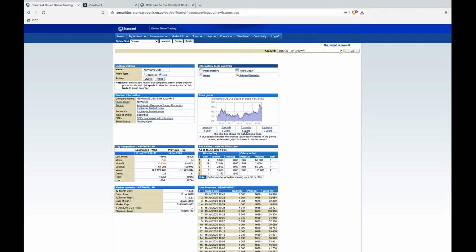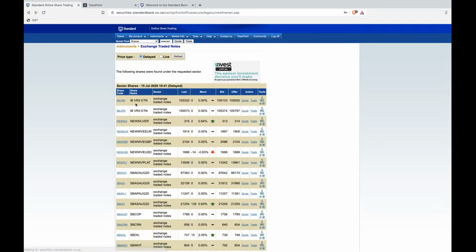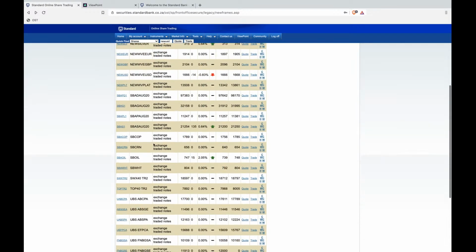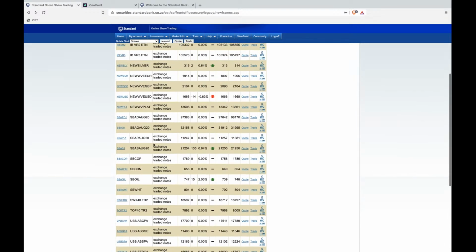The other important point with ETNs are those expiry dates. Now, in this case, expiry is 12 March 2042. In other words, it is in 20 years' time. And I'm trying to remember when it was listed. It was listed in 2012, so it was listed with a 30-year expiry. Some of the Standard Bank ETNs on gold, silver, platinum, and palladium, those four there, are expiring in August.